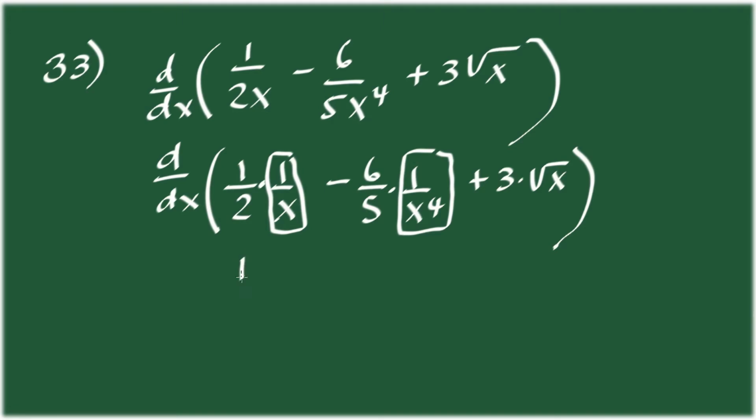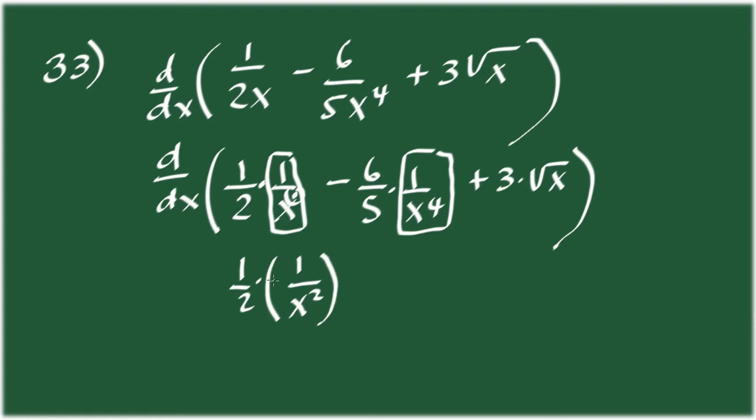To get the derivative of those reciprocals, the shortcut that we developed from the first and second part of this series is that 1 half is a constant, so we'll just bring it down. Then to use the shortcut, we multiply the numerator with the exponent of x, so that's 1 times 1 is 1, over x, but you have to add 1 to that exponent 1, so now it's 2.